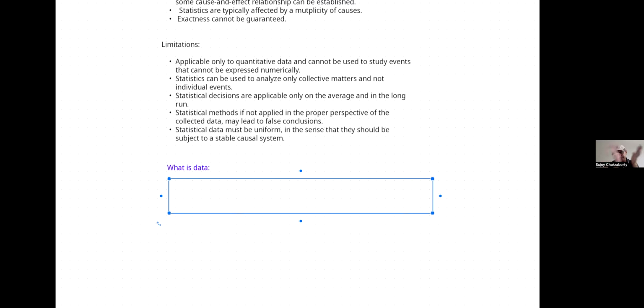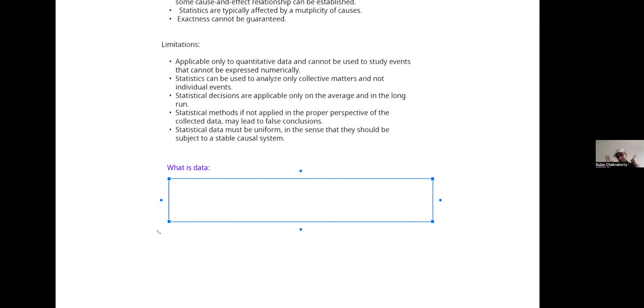So population means the entire set or collection of entities that we are studying, right? So we'll introduce a more formal definition subsequently. But in statistics, a population can be defined as a collection of persons, things, or objects under study, right?